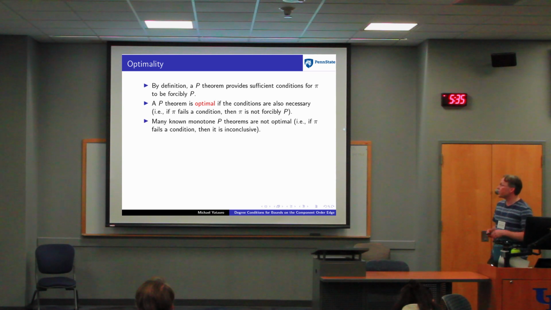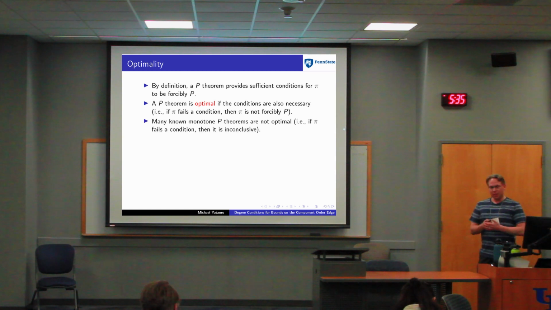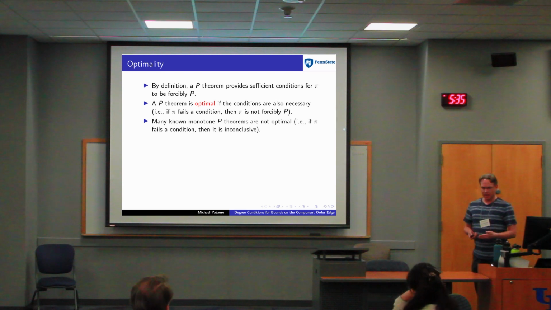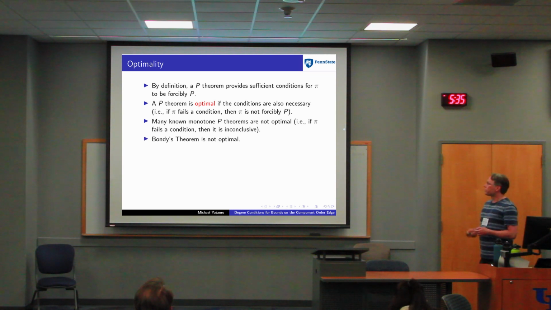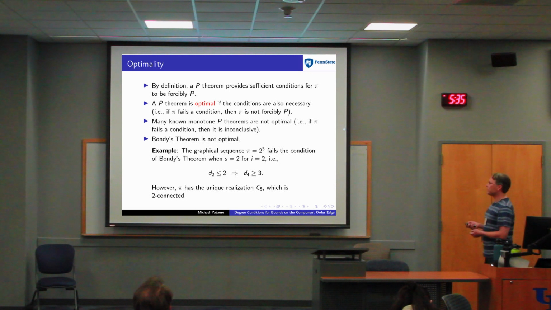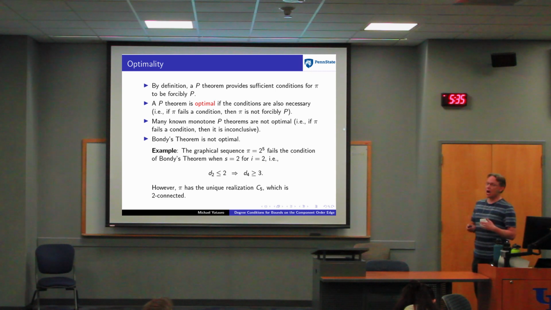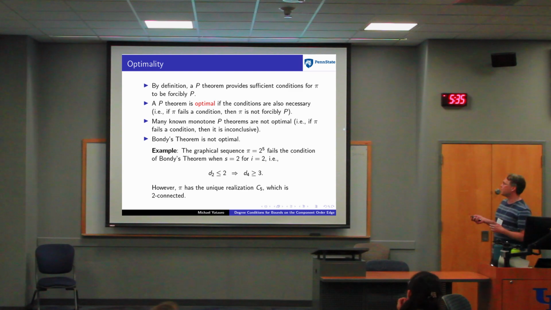So if it meets the conditions, then it's forcibly P, but if it fails the conditions, we don't know. It might be forcibly P, it might not. So Bondy's theorem is not optimal because it is sufficient but not necessary. Here's an example of how Bondy's theorem is not optimal, because we have this graphical sequence.